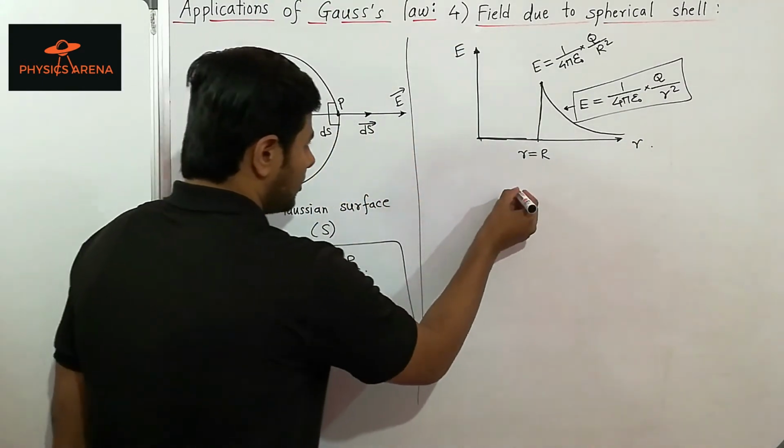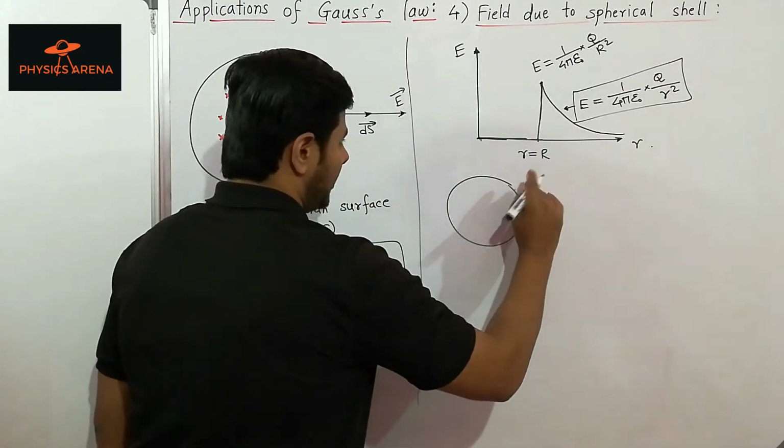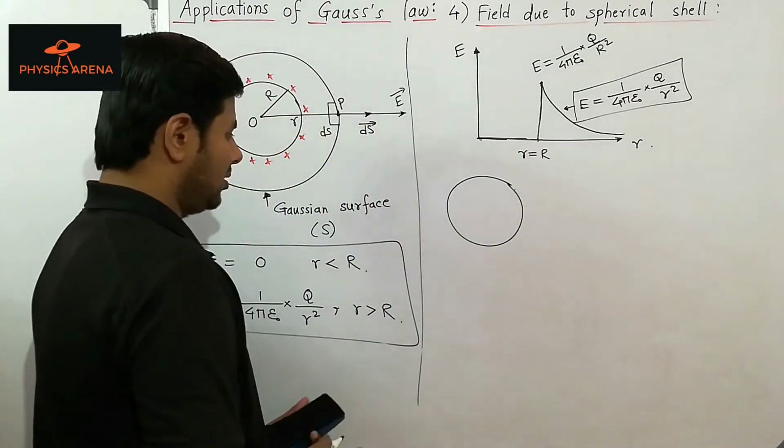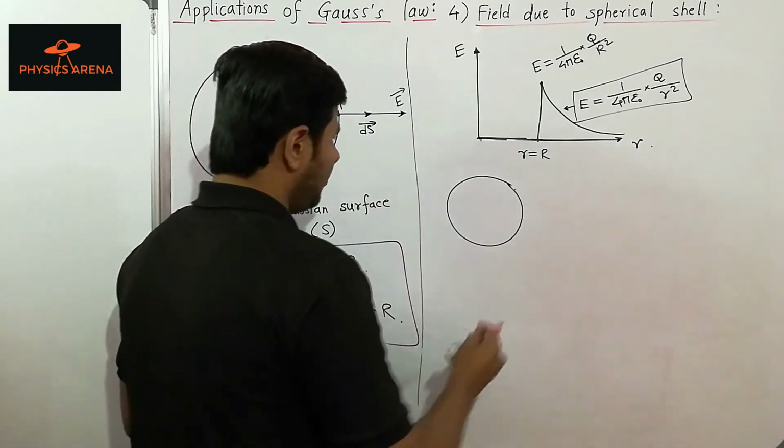So suppose this is our spherical shell and it is uniformly charged.